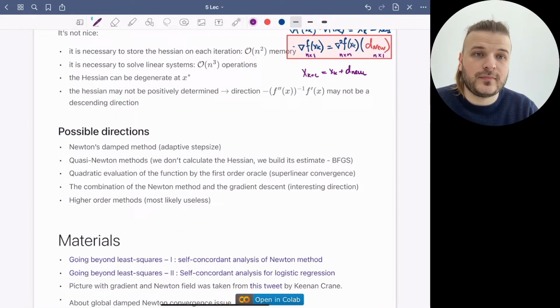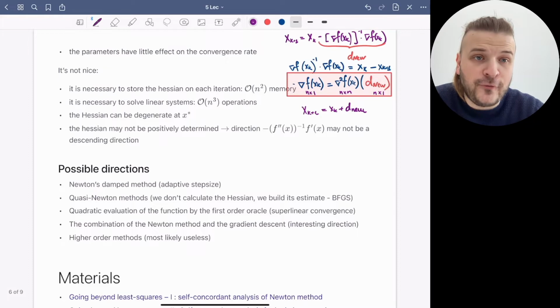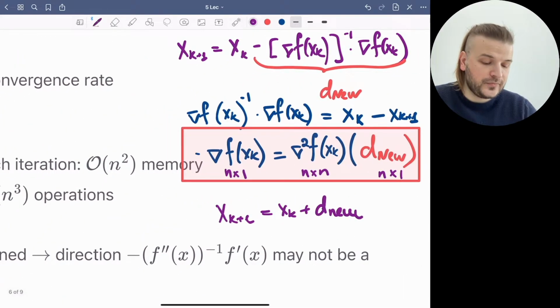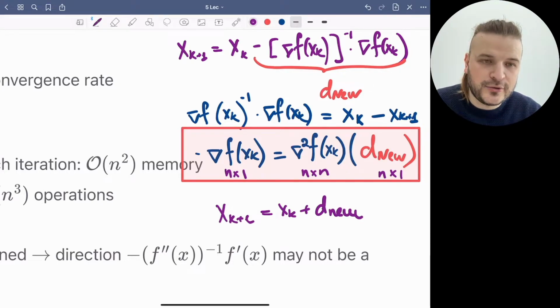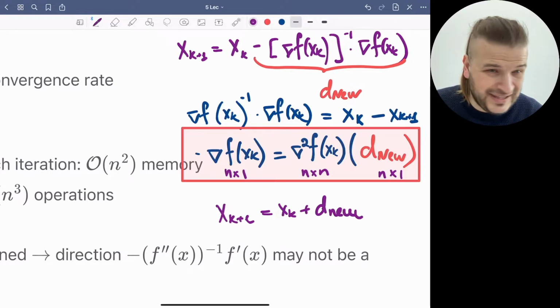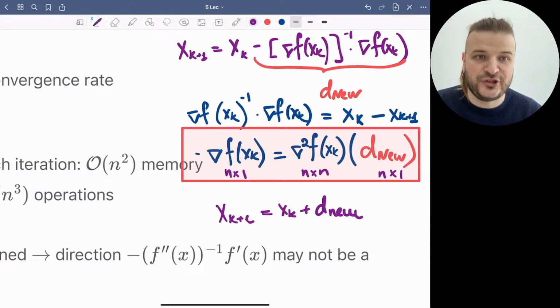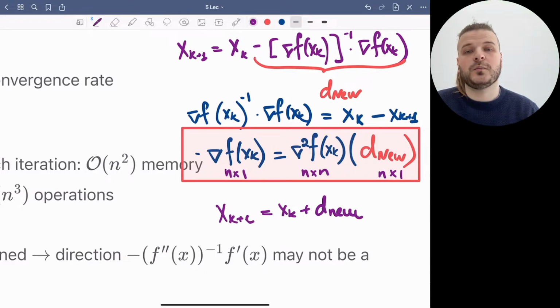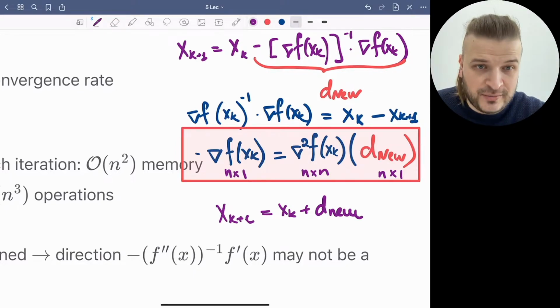And how can we deal with these problems? First of all, we can try to think of the Hessian matrix not as a general dense matrix, but as a matrix which has some special structure. And that's actually the key to the quasi-Newton methods, which are trying to build some reasonable approximation of the Hessian matrix using the first order information about the function.